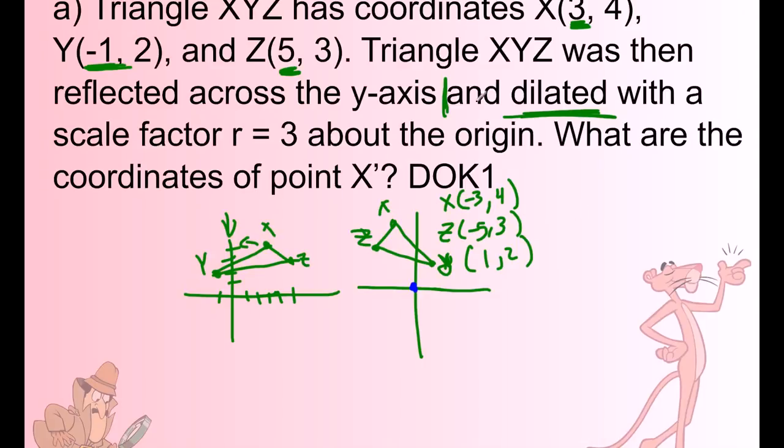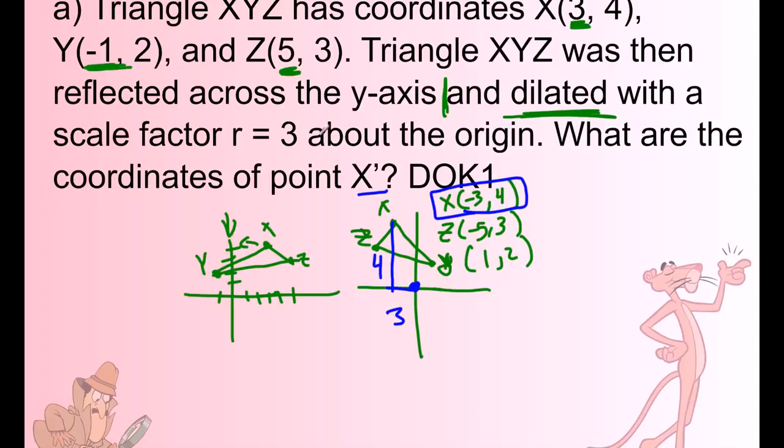If I'm only really focusing on the coordinates of the x point, I don't really care about these other two right now. It's this x point that really makes a difference to me. So for me to get from the origin to the x point, here it is, right now I would have to go left 3 to -3 and up 4.